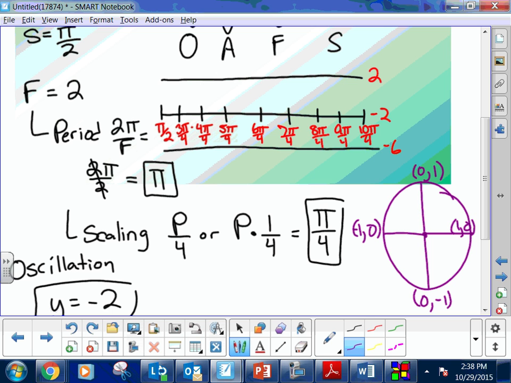If I ask you what is the cosine of 0, or this first one here, what would you all tell me? 1, right? Okay, so it's going to be at its highest value, which means that we start there. So you're going to start your dot there.